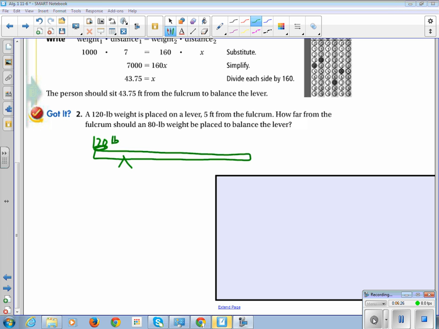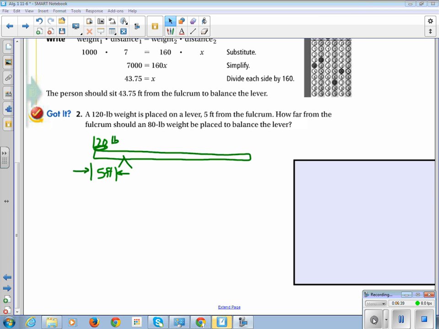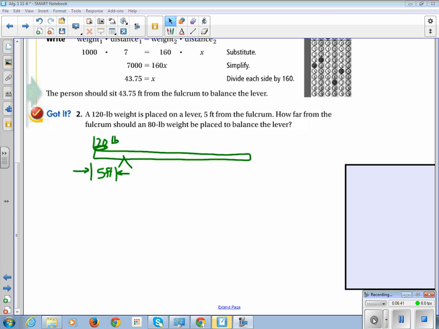So let's put a little balancing point there. Let's mark this distance as 5. How far from the fulcrum should the 80-pound weight be placed to balance the lever? Do a little 80-pound weight here, and we'll make the 5 feet right here.